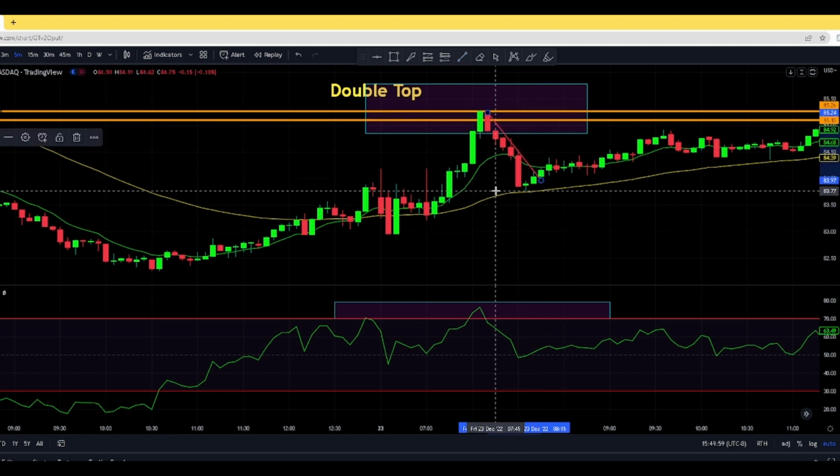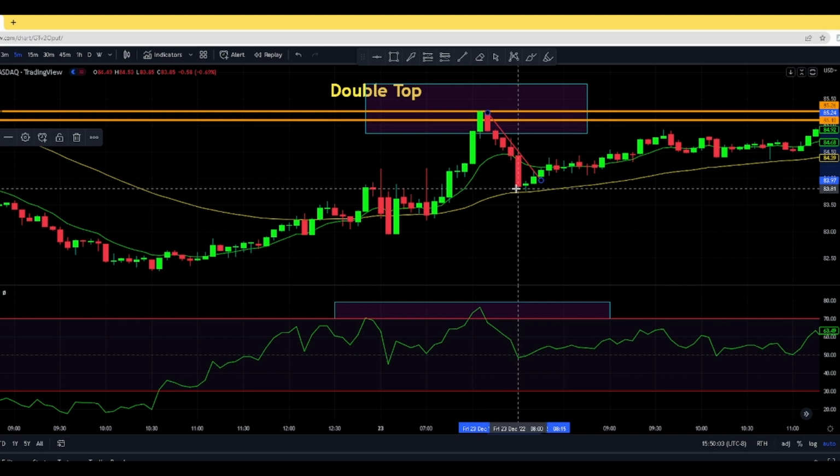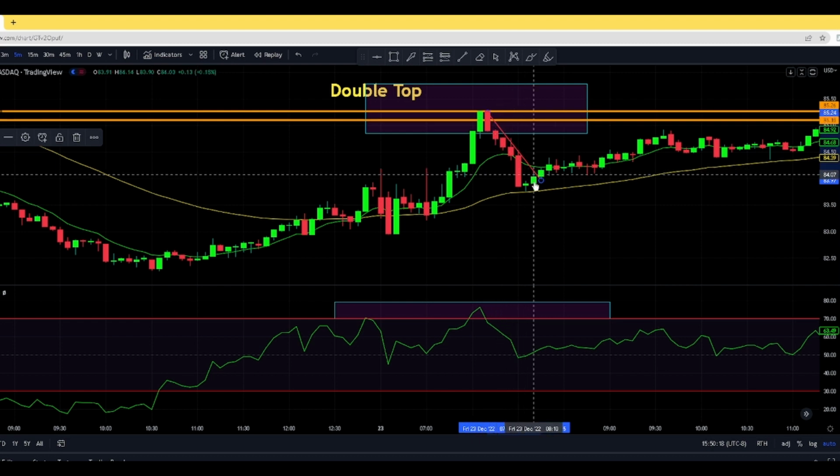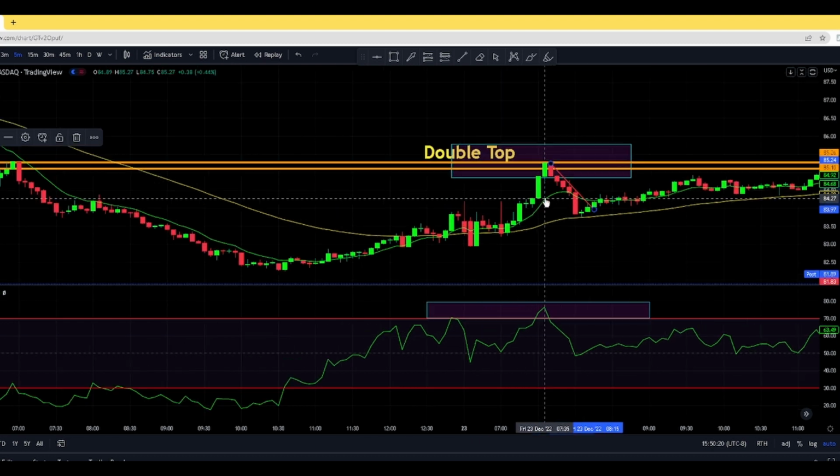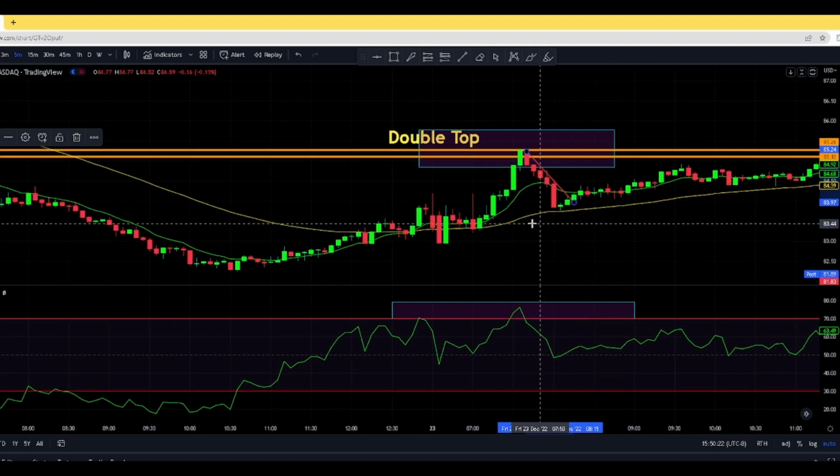We are waiting, of course. Here you could get out around 83.80. So basically you could make $2 easy, $2 here, with not even a 10-cent risk. So look at the risk and reward here, it's perfect, right?